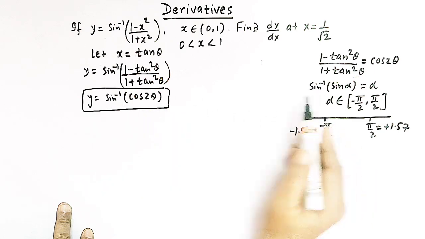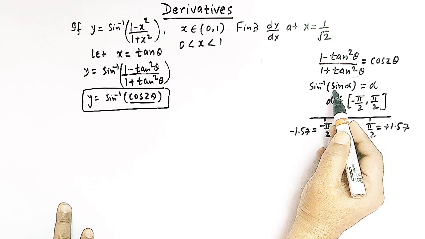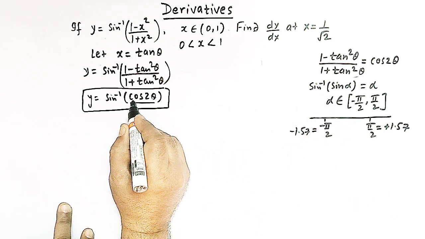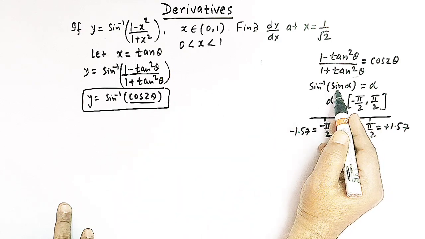This expression is similar to that one, but here we have cosine 2 theta and there we have sine alpha. So the first step is to convert this cosine function into a sine function.